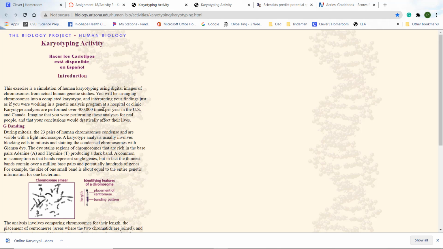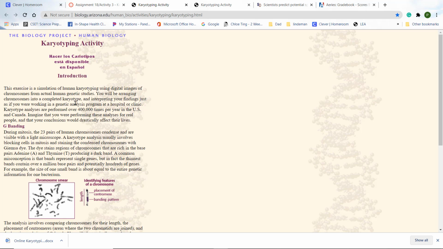You'll be arranging chromosomes into a completed karyotype and interpreting your findings, just as if you were working in a genetic analysis program at a hospital or clinic. Karyotype analyses are performed over 400,000 times per year in the US and Canada. Imagine that you are performing these analyses for real people, that your conclusions would drastically affect their lives.